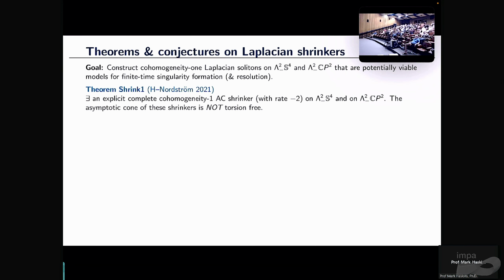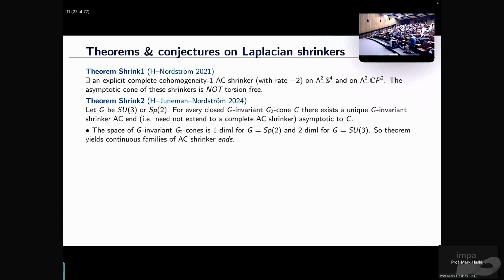Given that, you could look at all the possible cones that might arise this way and try to study ends of shrinkers. So the second theorem says, we take either of the symmetry groups that are relevant, SU3 or SP2 in the CP2 and S4 case.